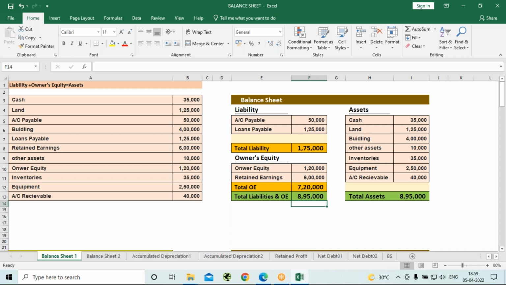So this is how you are supposed to prepare the balance sheet, and the value should be balanced with the same value. The formula of the balance sheet is total liabilities plus owner's equity should be equal to total asset value.